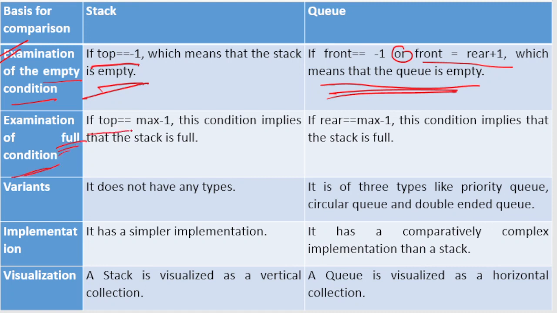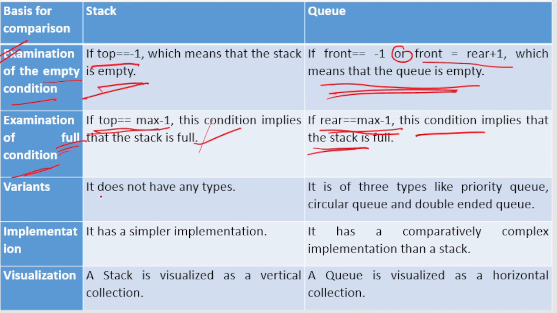If top equals max - 1, then the stack is full. If rear equals max - 1, then the queue is full. So if we observe, top equal to max - 1 and rear equal to max - 1, both have a similar condition for full, and a similar condition for empty.